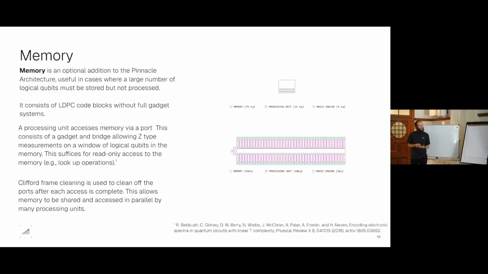And by using Clifford frame cleaning, we're able to clean the ports after we finish an access, which means we can then reconfigure the memory, which we do just by doing nearest neighbor rearrangements that allow us to cycle around the blocks, the windows of the memory, so that we can allow all of the processing units over time to access all of the memory without them becoming entangled to each other, because the measurements commute and because we've cleaned these ports off so they're not pushing any Clifford frames back from the port onto the other things.